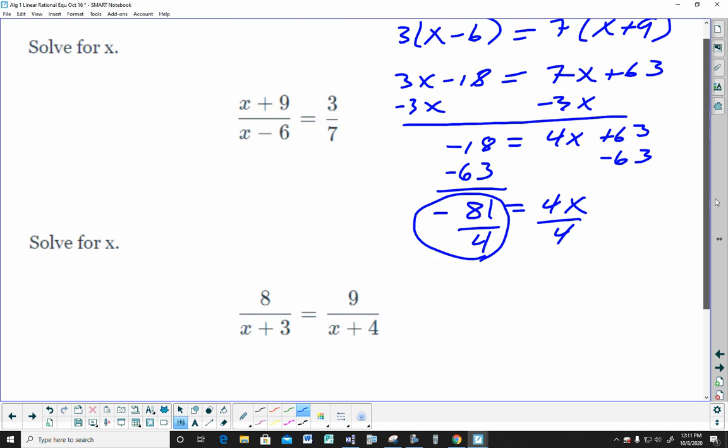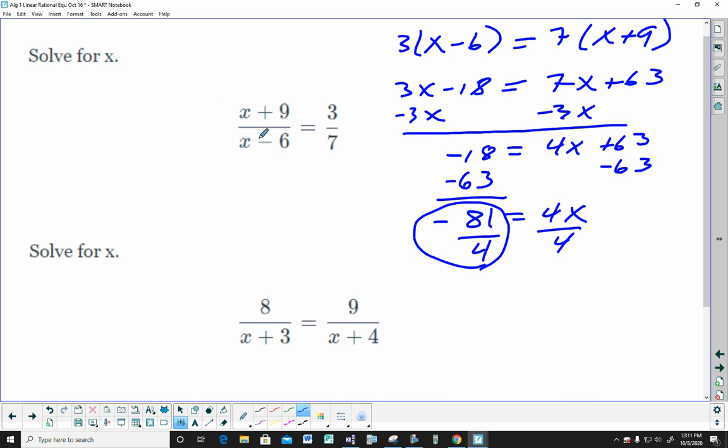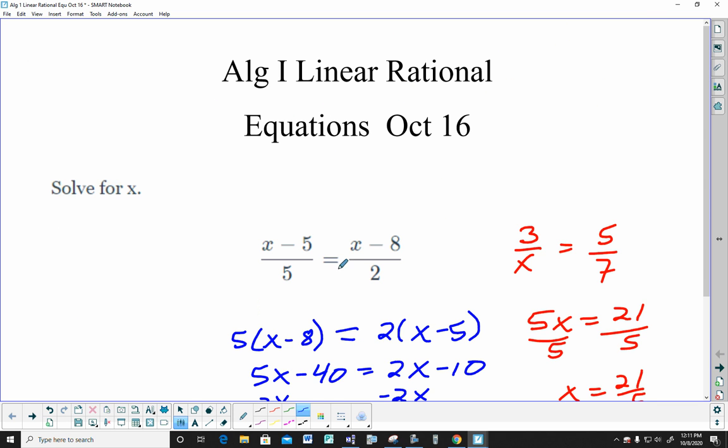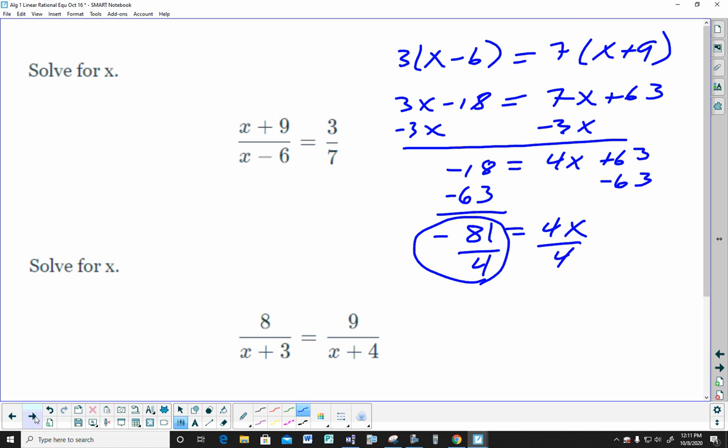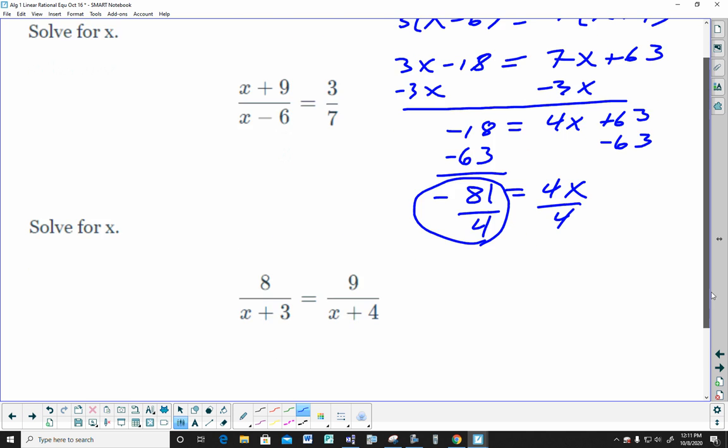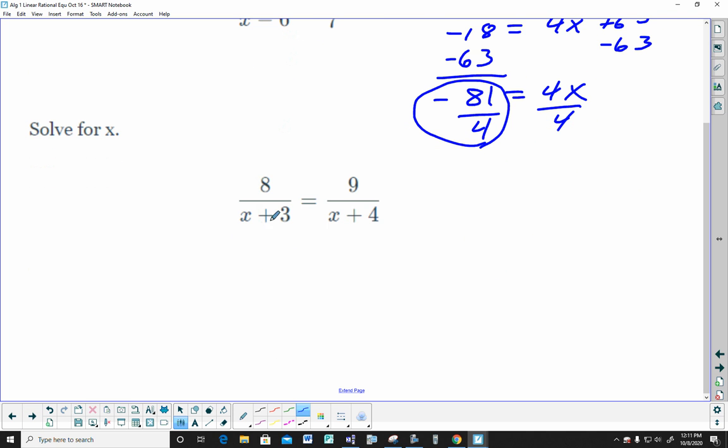Both of them were one above the other, you cross multiplied. Both upstairs, you cross multiplied. They're both downstairs. What do you do? Cross multiply. So you get 9 times the x plus 3 equals 8 times the x plus 4. Distribute the 9 inside.